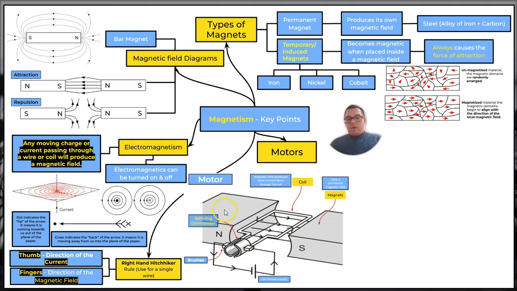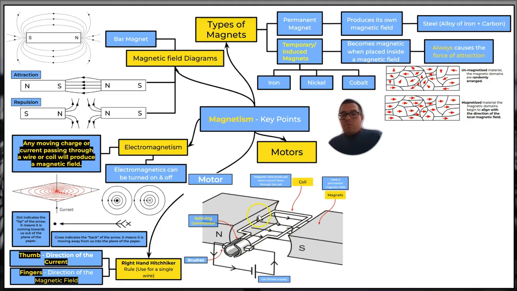In our motor we have two permanent magnets, and they have their own magnetic field. We have placed a coil of wire in between them, which has the ability to rotate, and we put a current through that from a power supply, like a cell, and that current obviously generates a magnetic field. That magnetic field repels the magnetic field of the permanent magnets, and so causes this to rotate.